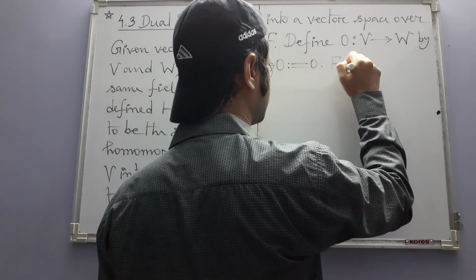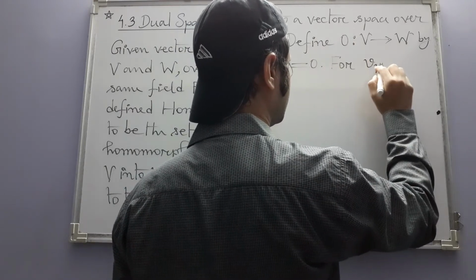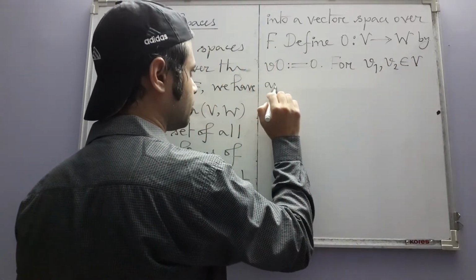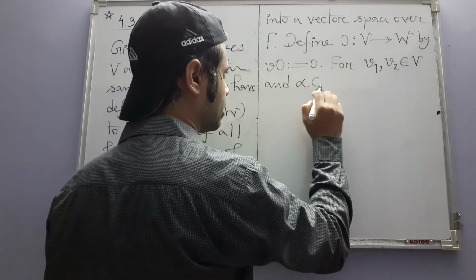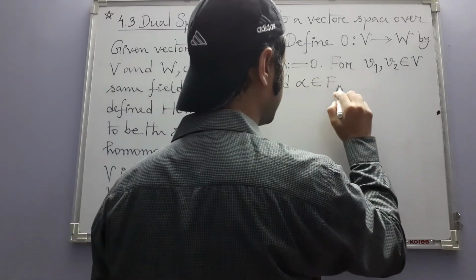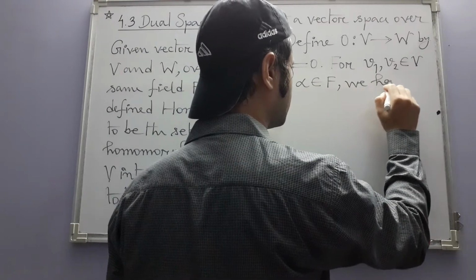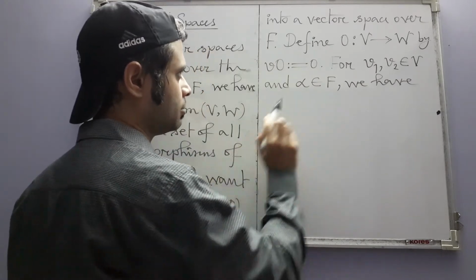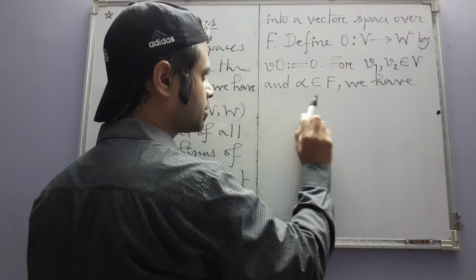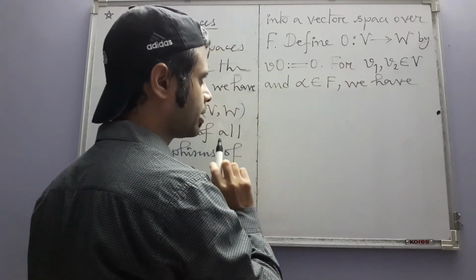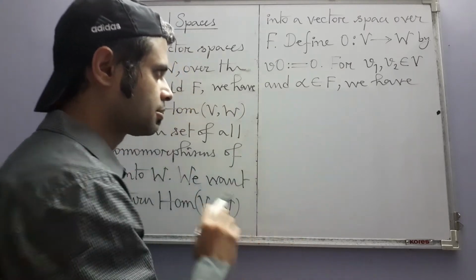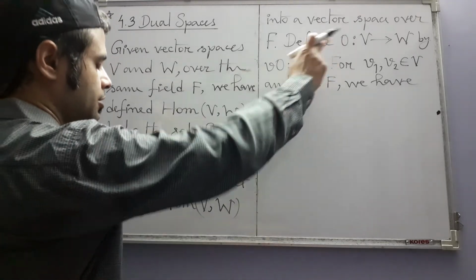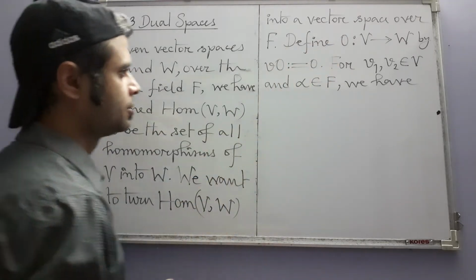For V1 and V2 belonging to V and a scalar alpha in the field, we have... So we need to show two things here. This zero function respects addition, vector addition, and zero function also respects scalar multiplication or multiplication by scalar. Once we show these two things, that will tell us that this zero function is an element in this set. So let us see.